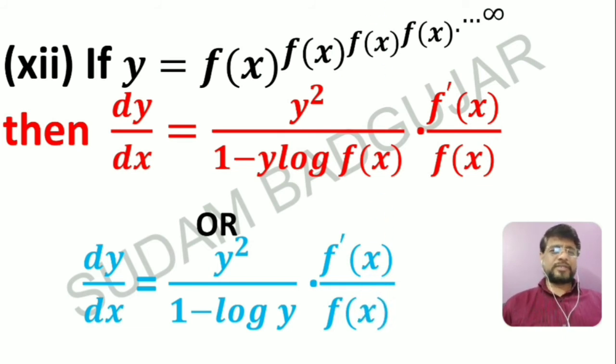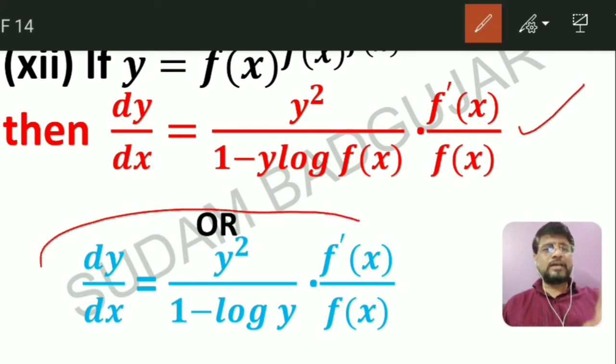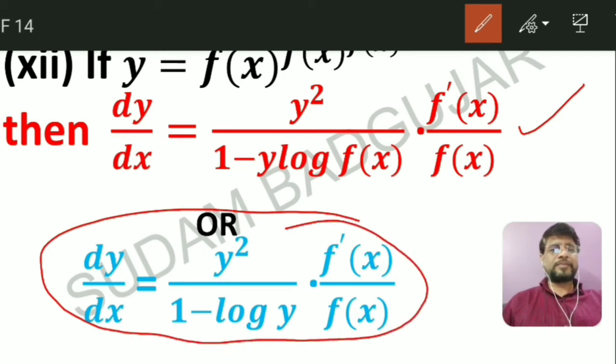Sometimes there are four options, a b c d, and that answer will not be matched by using the first rule, the first shortcut. Then you have to apply this formula, so you can match up the final answer. Out of 4, 1 is the correct answer. Sometimes it will not be matched by using this formula, so you have to apply another formula to match up your final answer.